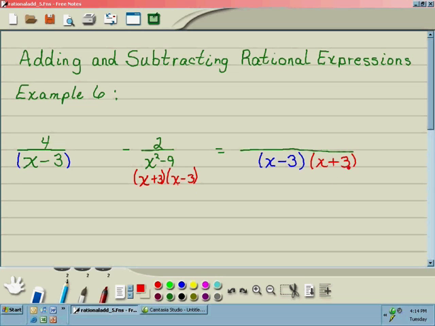As we make our comparison, when we match, we'll see that the x minus 3 and the x minus 3 match up. Those are our matching factors. So this first fraction matches up with this part, but it is missing and doesn't have a match for the x plus 3.